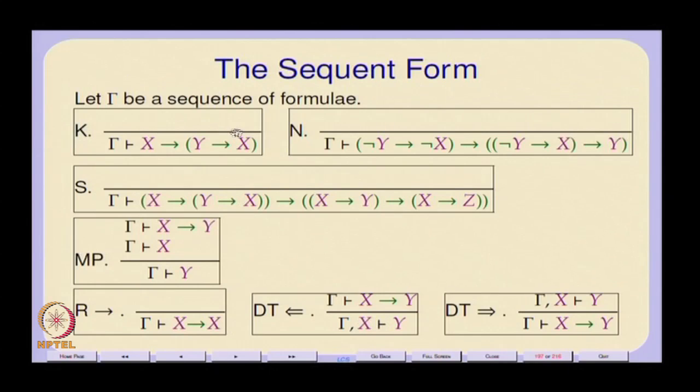So, the three axiom schemas K, S and N now look like this, with gamma appearing before the turnstile. This is what we call the sequent form. There is a much more rigorous and formal way of specifying the notion of a sequent, but I am not going to go into it.